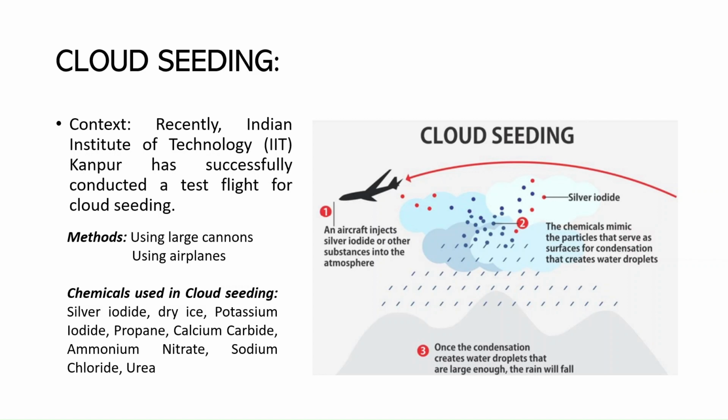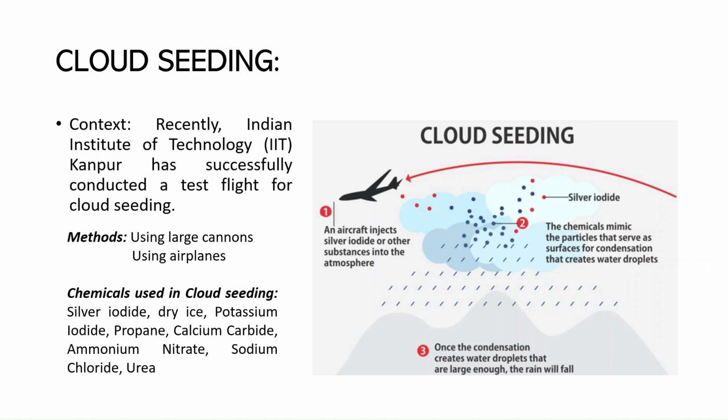And it's a carefully calculated process that requires pre-existing clouds in the atmosphere. Now, there are two primary methods. One is shooting the particles into the sky using large cannons, and the other is releasing particles from airplanes flying above the clouds. It's important to note that cloud seeding involves the release of specific chemicals into the atmosphere that trigger the condensation.